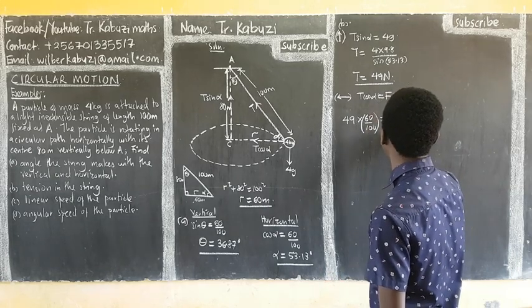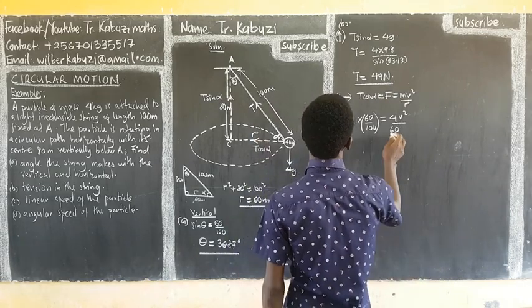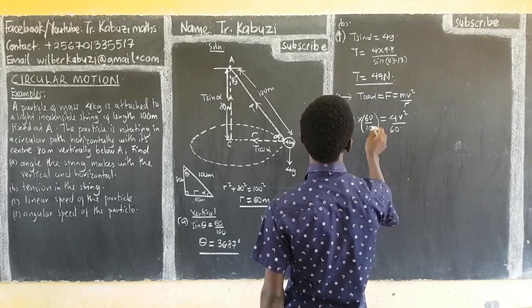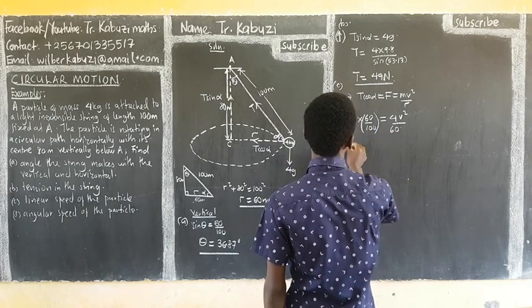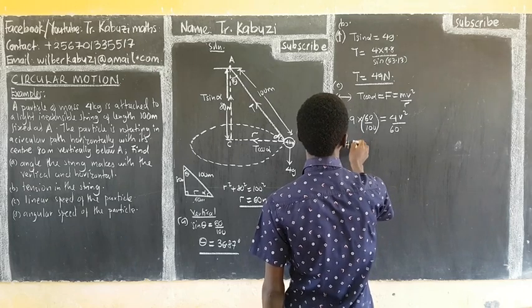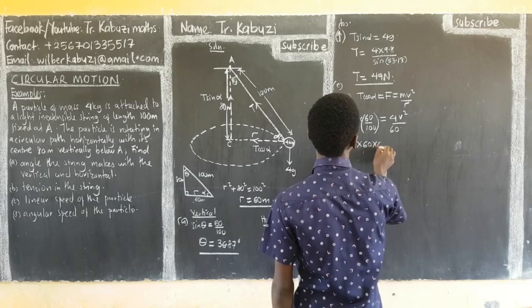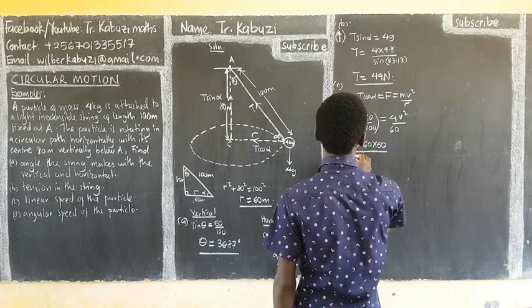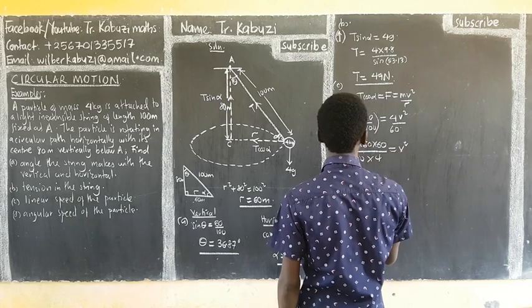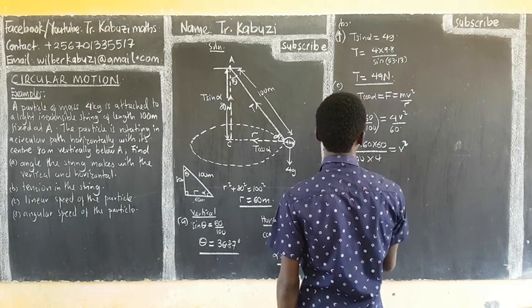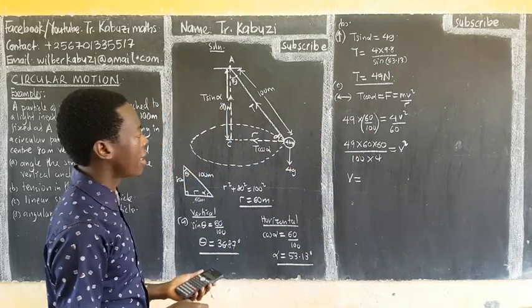Our radius is 60. If I cross multiply, I'll have 49 times 60 times 60, the whole over 100 times 4, will be equal to v squared.